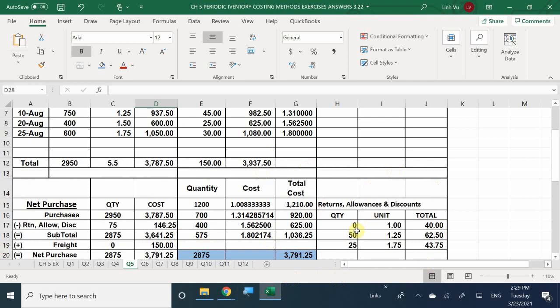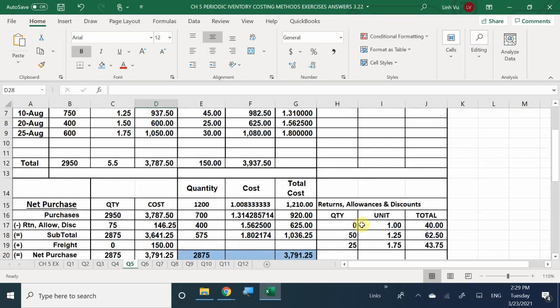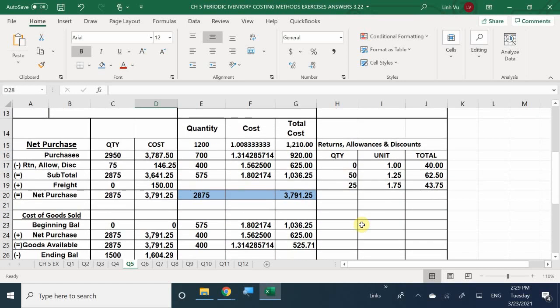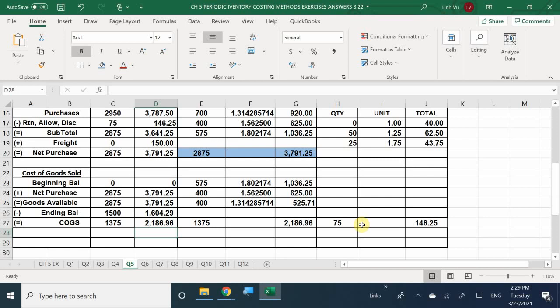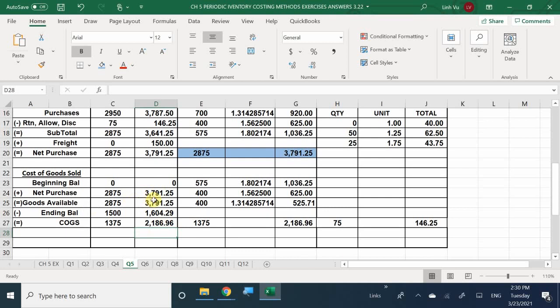And this one, I think, was kind of easier because what I did, if you scroll down, is that whole area for the quantity, cost, and the total cost, I just highlighted that area, including the 2875 and the 3791. Then I highlighted it over on the chart on the other side so I could see exactly where my numbers are coming from.